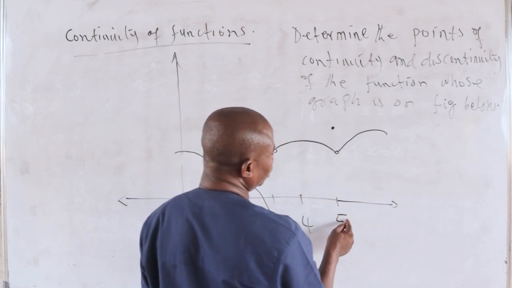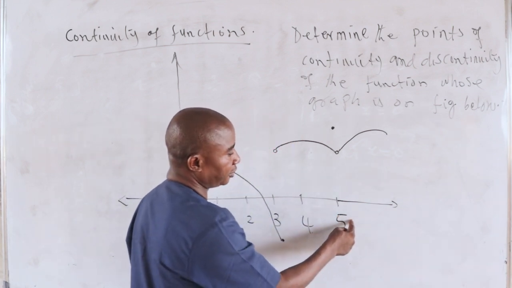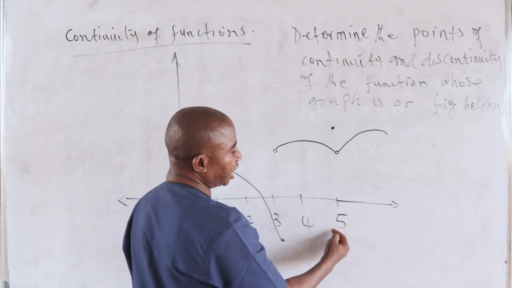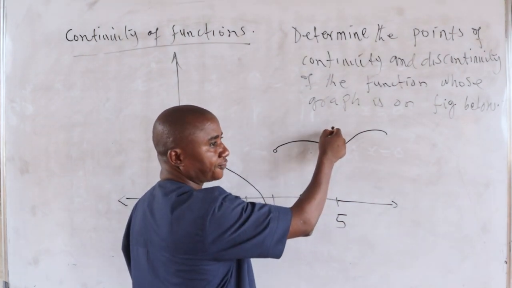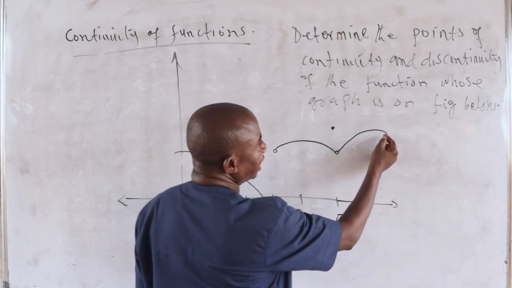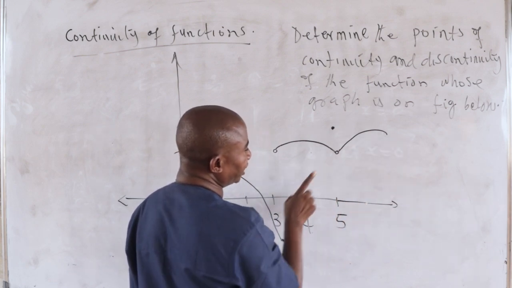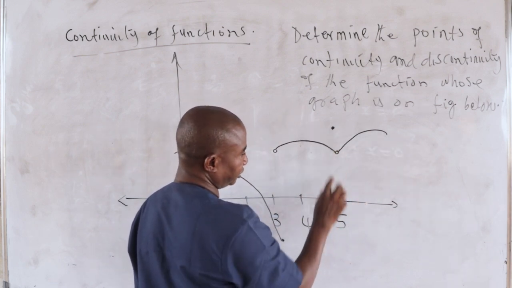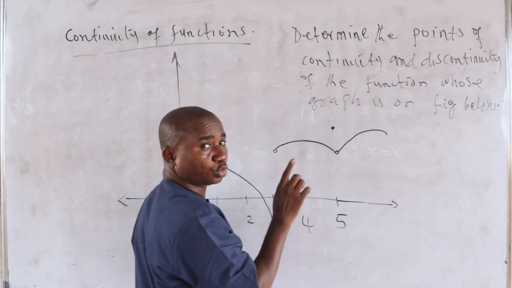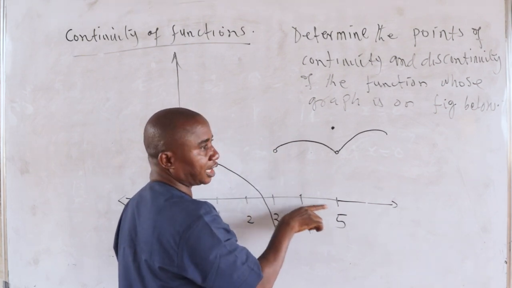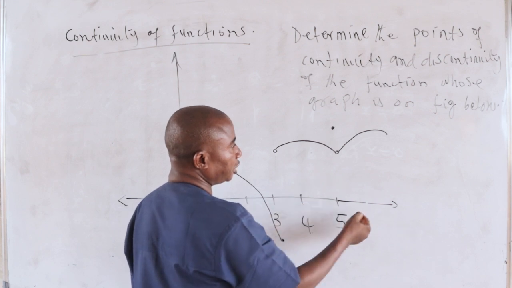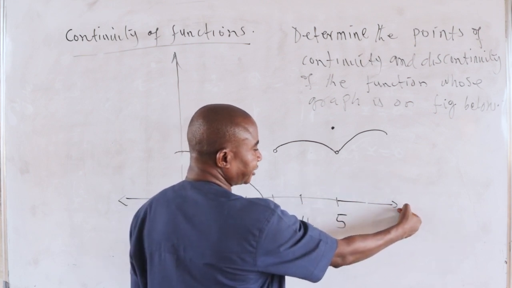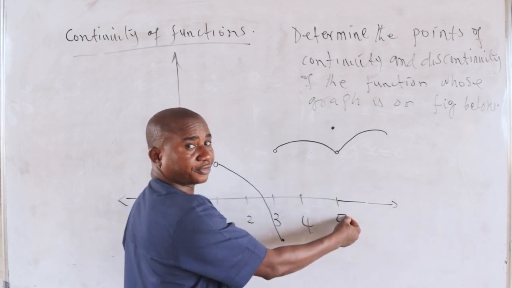Again, at the point 5, the value of f at the point 5 is this. So f is defined at 5. But then, as you approach 5 from the negative side, whatever you get as limit is not the same as what you get as you approach 5 from the positive side.